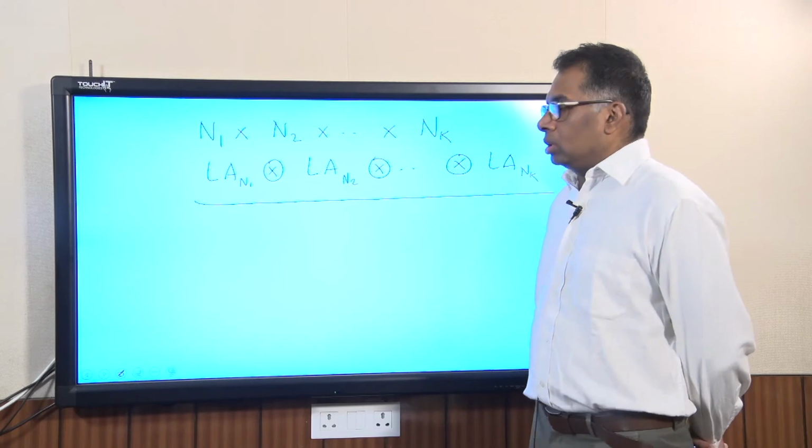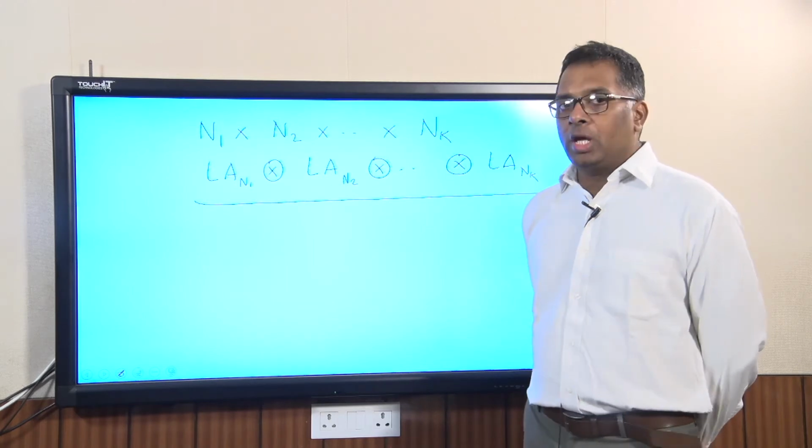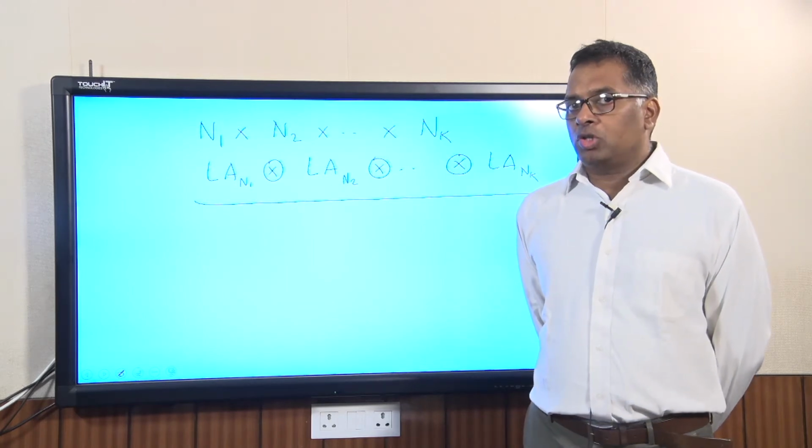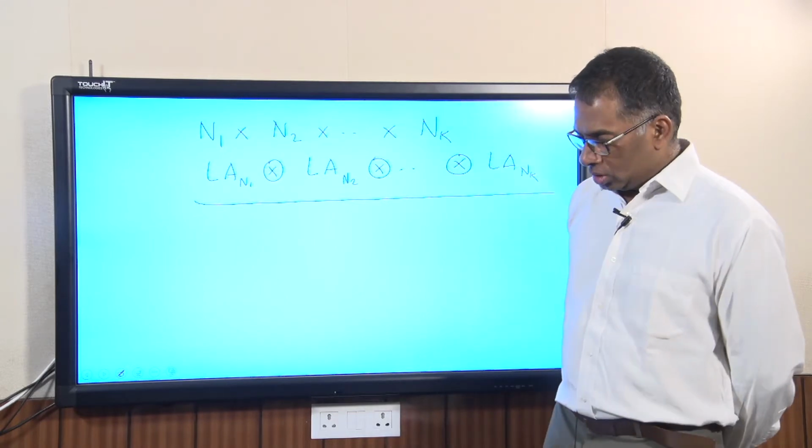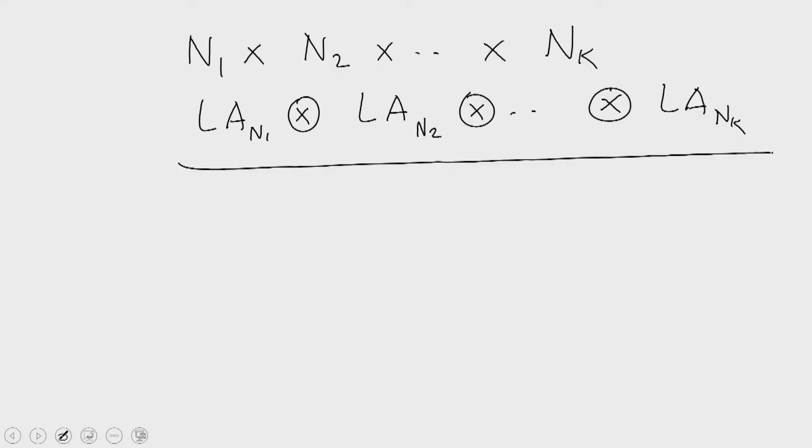Now, why are we talking about cross products and what are we gaining by expressing multidimensional meshes as cross products of linear arrays? What we are going to achieve is this: we know that linear arrays embed in hypercubes.